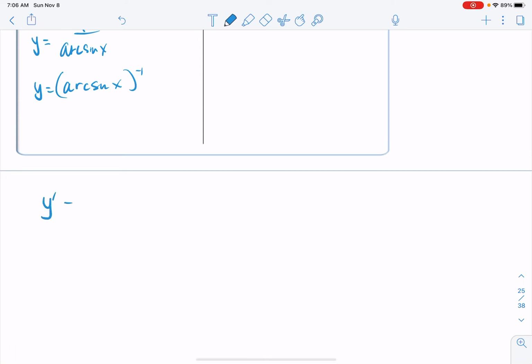Y prime is equal to, leapfrog that -1 down, or just the negative sign, arc sine x to the -2 power after I subtract 1 from it. Now you have to multiply it times the derivative with respect to x of the interior function, arc sine x, which we just came up with.